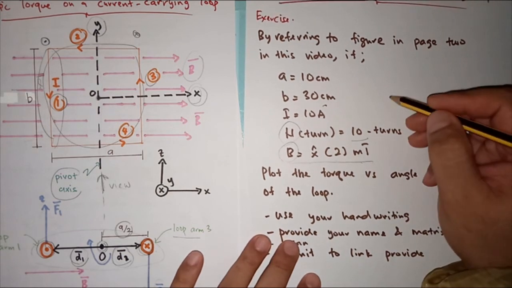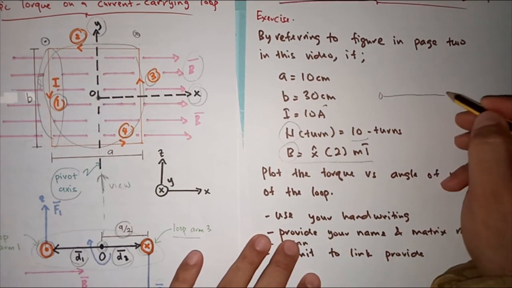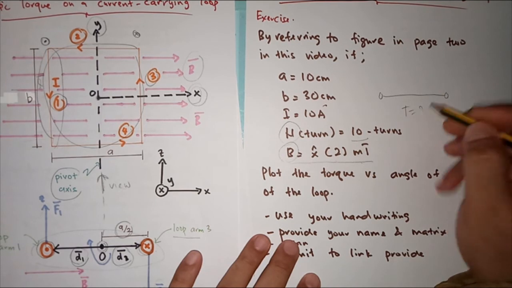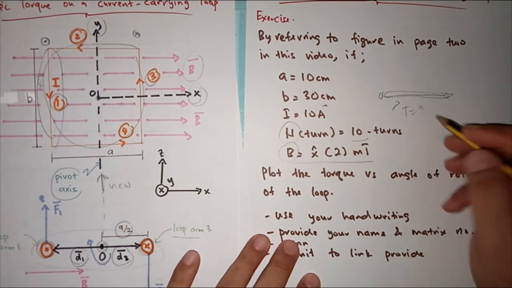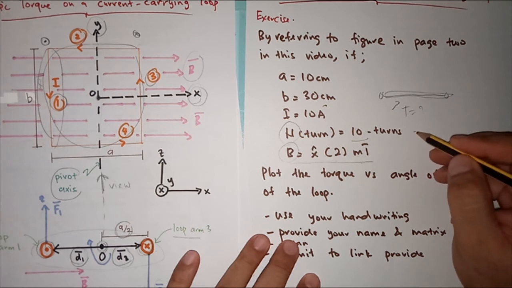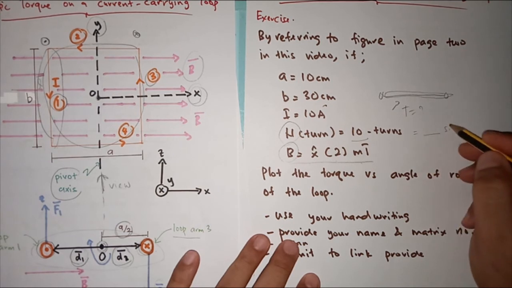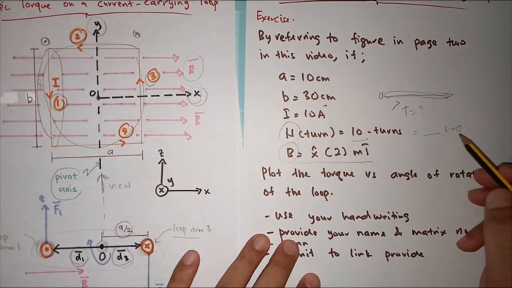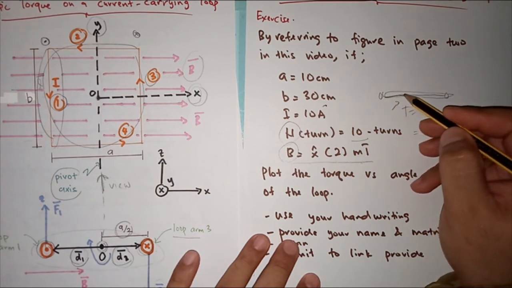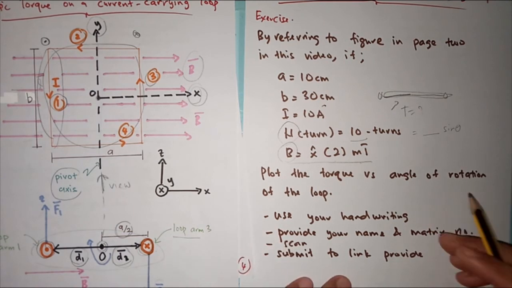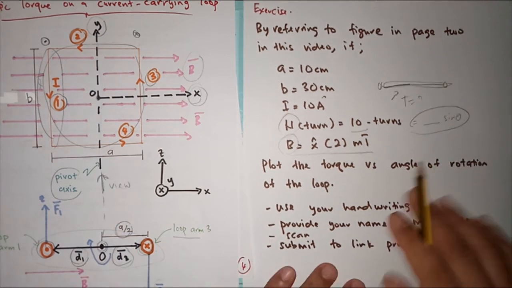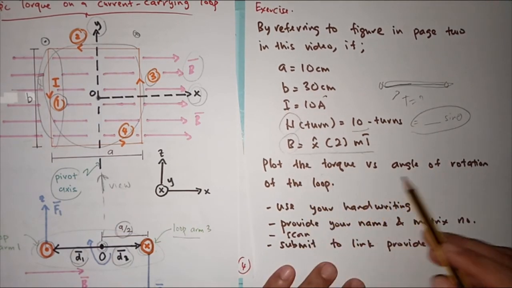First you need to calculate the torque expression during the initial position, and after that, we need to add the factor for sine theta, which represents the angle between our moment arm vector, the d vector, and the vector for the f. Then for this expression, please plot the torque versus angle of rotation.